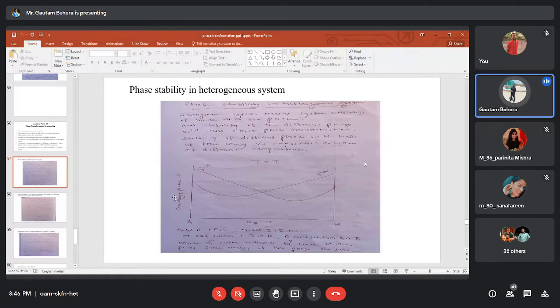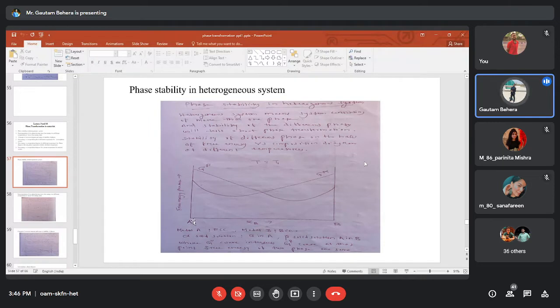So you can see this is the free energy per mole versus composition curve for the alpha phase or alpha solid solution phase, and this is the free energy per mole versus composition curve for the beta phase or beta solid solution phase.